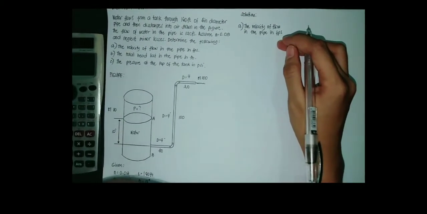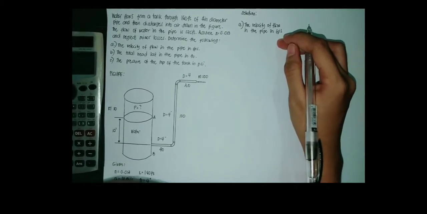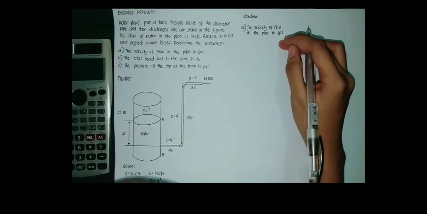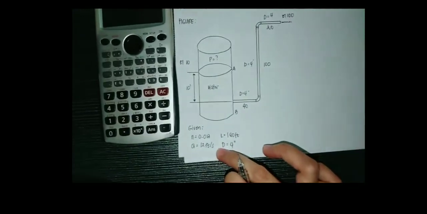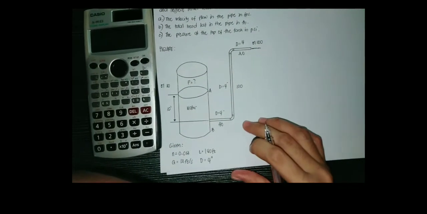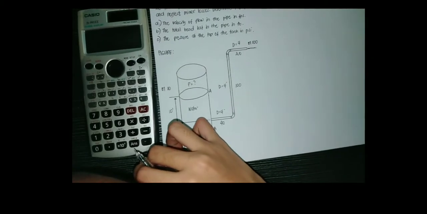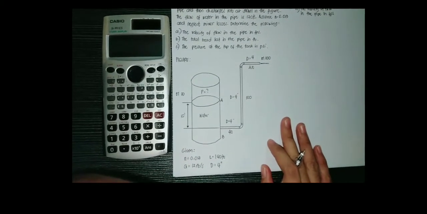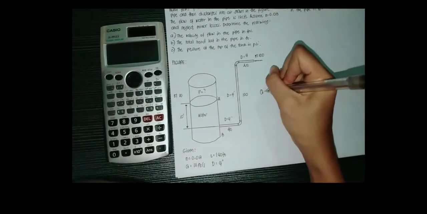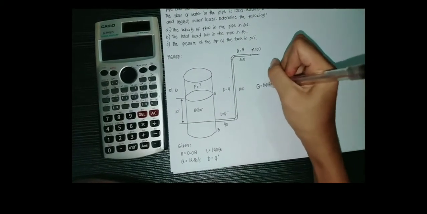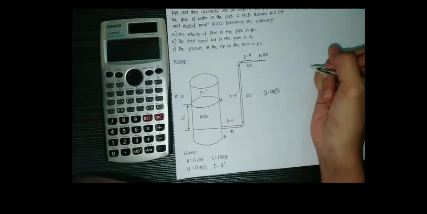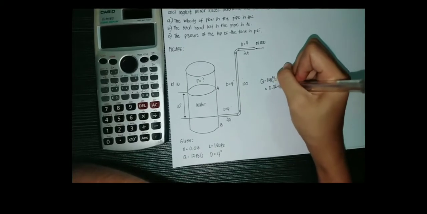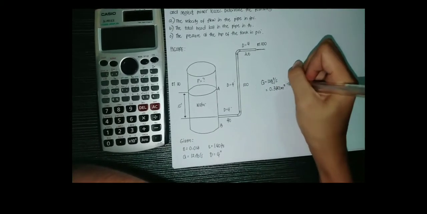First, let's start with the solution. Let's get the values of our Q, diameter, and L, and get the converted values. First, Q is equivalent to 12 feet cubed per second. Let's convert it into meters: 0.3401 meter cubed per second.